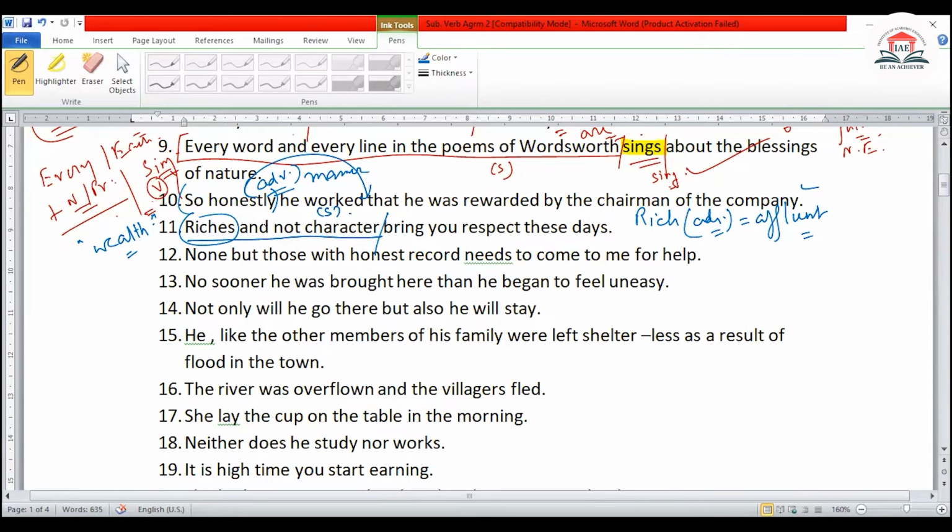Now see, after and, actually, when we use and, we mean the sense of both. In most of the cases, the verb must be plural. But here, in this case, it is an exception. Why? Because after and, we have used not.